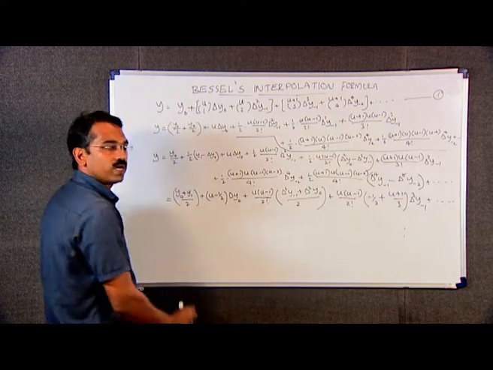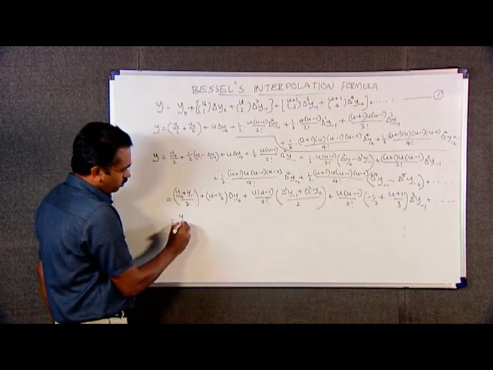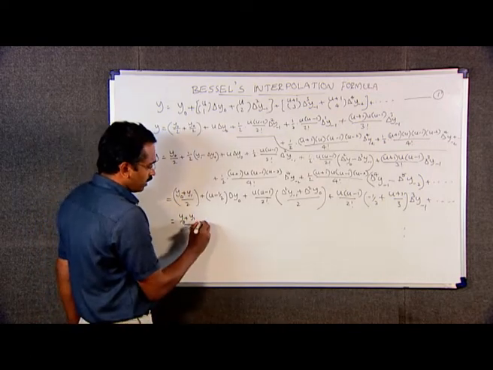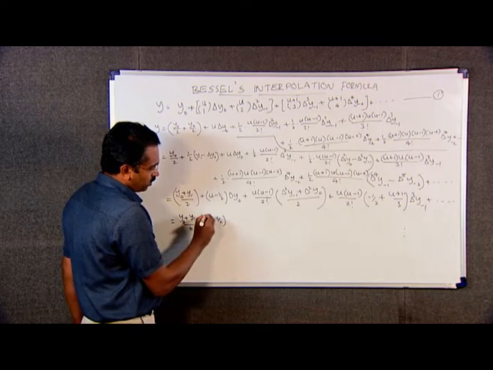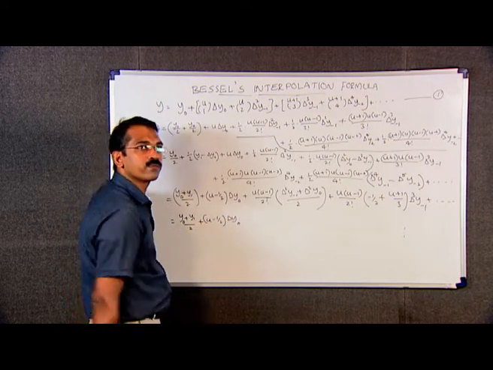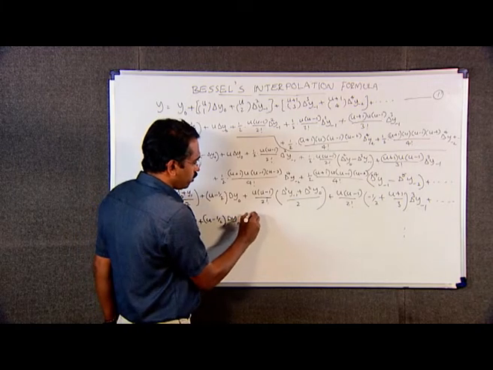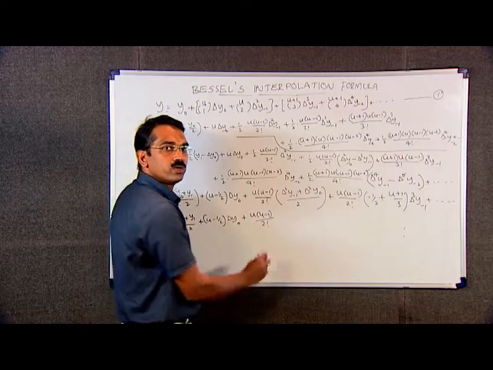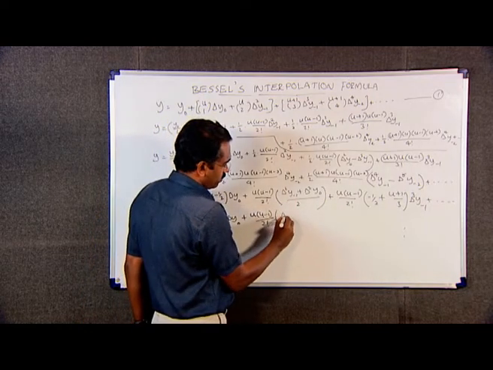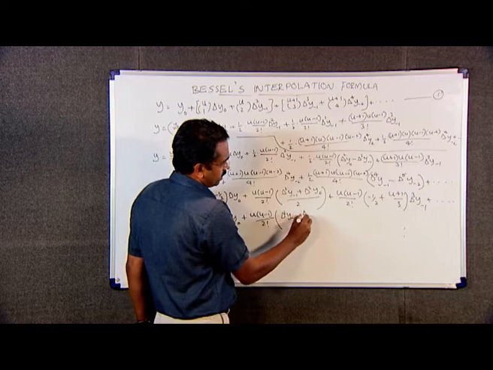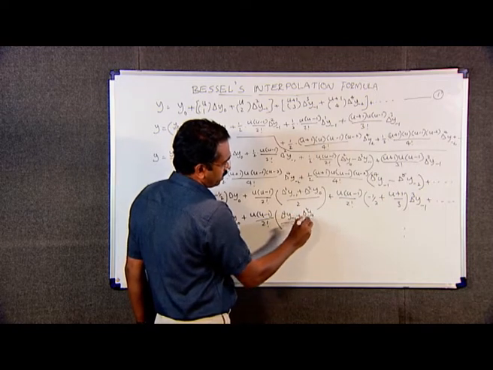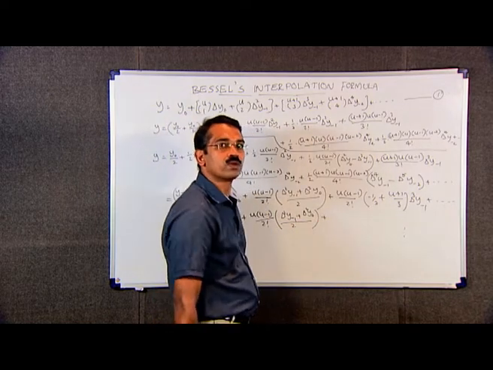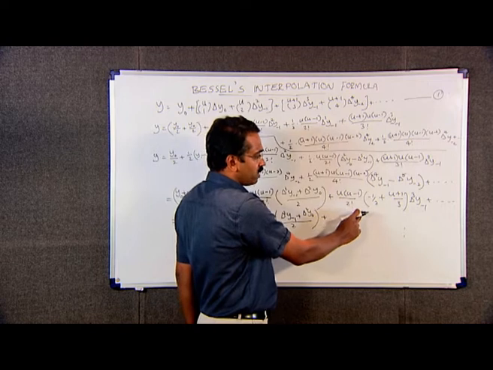which is equal to y naught plus y 1 divided by 2 plus u minus 1 by 2 into delta y naught plus u into u minus 1 divided by 2 factorial into delta square y minus 1 plus delta square y naught divided by 2, plus u minus 1 by 2 into u minus 1 divided by 3 factorial.